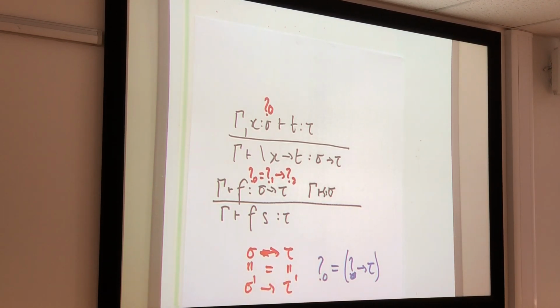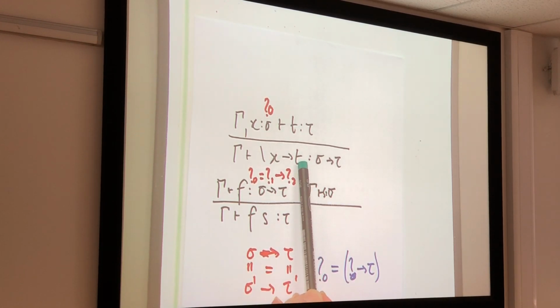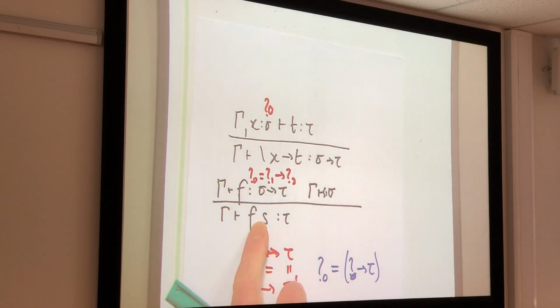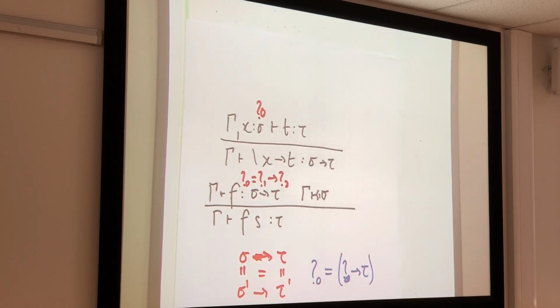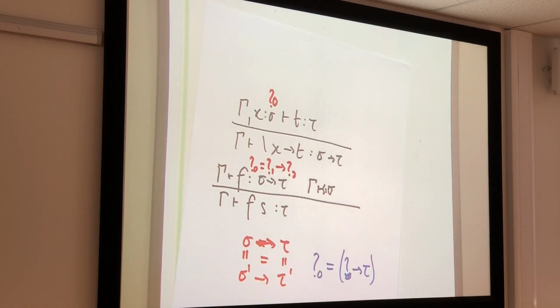So the point is that if we're committing to doing type synthesis, we're going to get screwed by the lambda rule. If we commit to doing type checking, then we get screwed by the application rule. Either way, we get screwed. Isn't that wonderful news? So there are various things we can do about it.